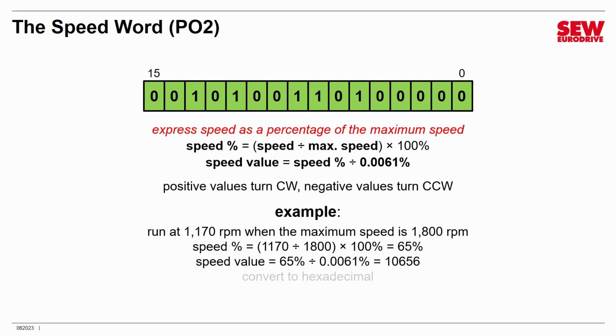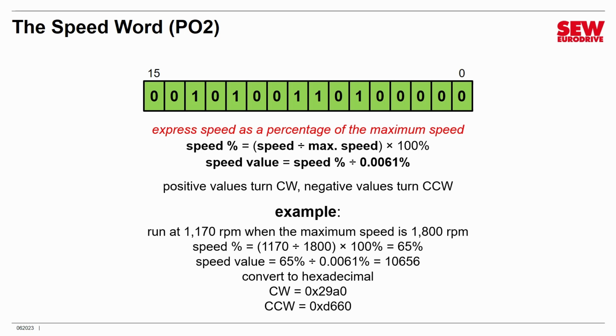You'll then need to convert this to hexadecimal. If you want to turn clockwise, you will send the hexadecimal value 29A0, and if you want to turn counterclockwise, you'll have to convert this to the negative hexadecimal value of D660. I recommend you use the Windows calculator for this, since converting signed hexadecimal numbers by hand is a little cumbersome. So that is how you would control the MOVIMOT sending speed as a percentage.